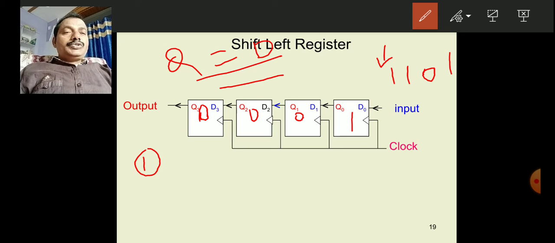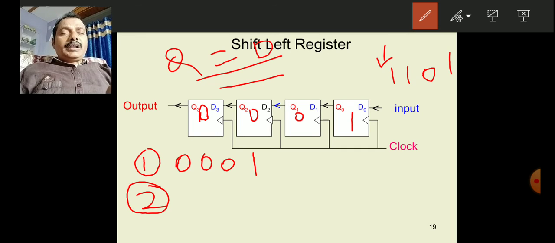Now you see, for the first pulse, this is the value 0 0 1. For the second clock pulse, what happens is this second 1 is shifted to Q0, and this flip-flop 1 is shifted to here, hence like this.